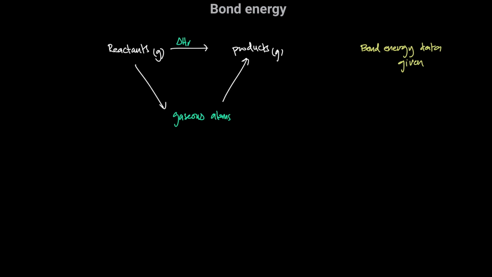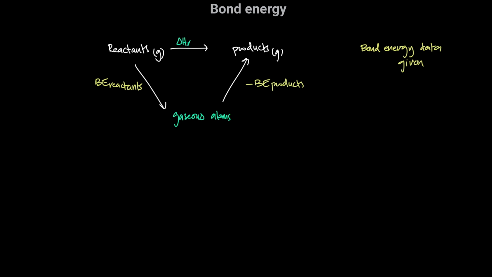Now what we can say is that the energy change from reactants to gaseous atoms is the bond energies of the reactants. And the energy change when gaseous atoms form products is the negative bond energy of the products.